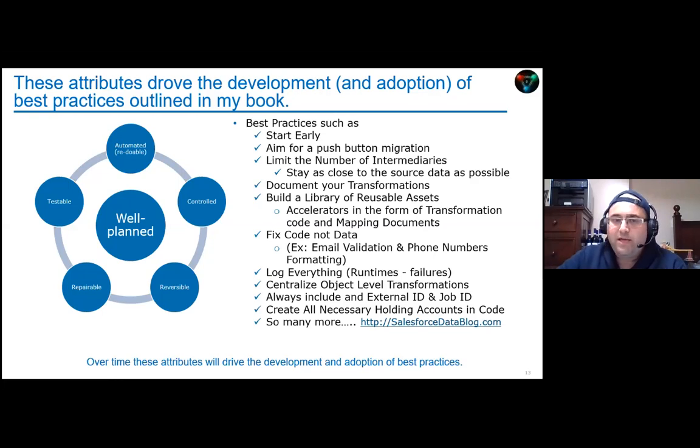If I'm finding that emails are erroring out because Salesforce validation is failing those records, I put code in the transformation layer that checks the email address. If it's not valid, don't load the email, or I put it into a secondary field called bad email. And then it can be fixed in Salesforce later.